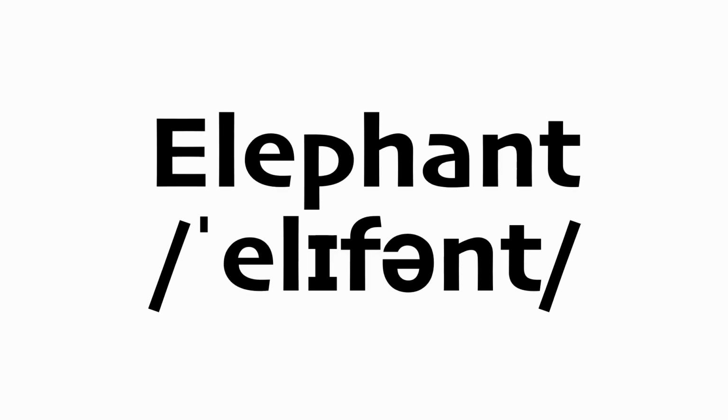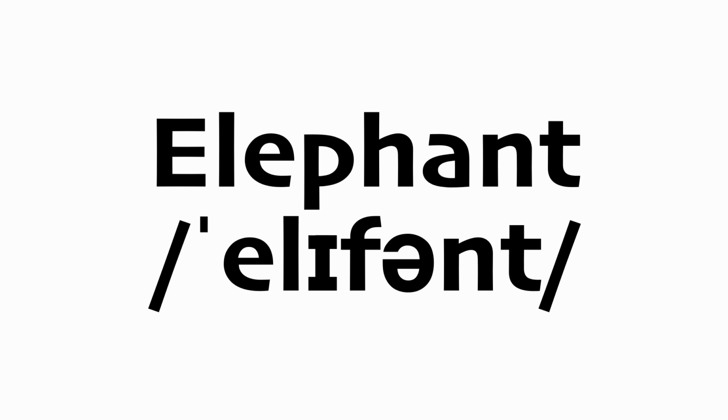Elephant. We start with the accent, and then you have the e sound, then l, the little strike. The next sound is the i, then f.